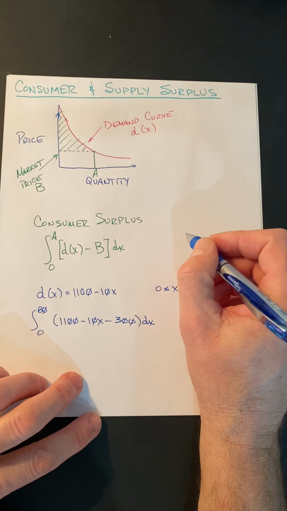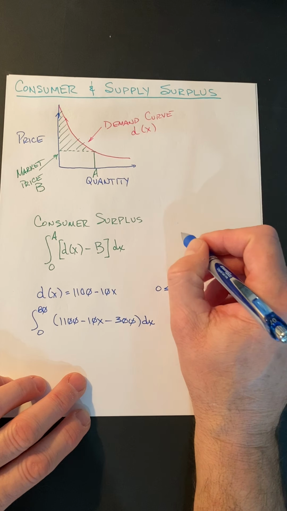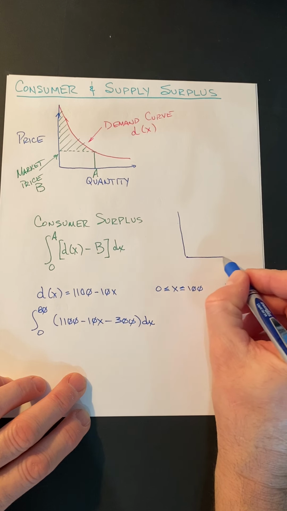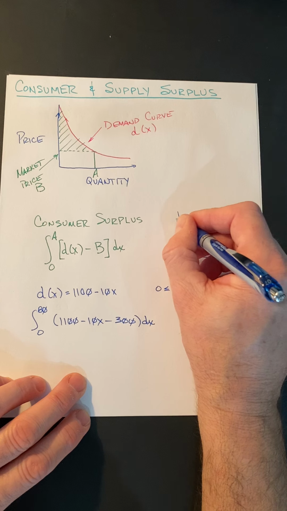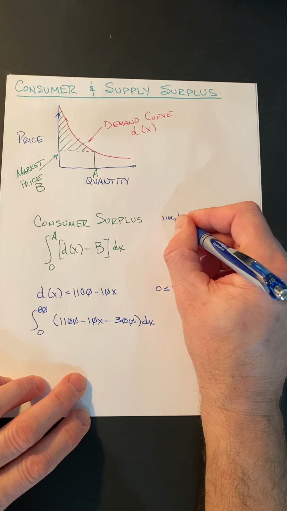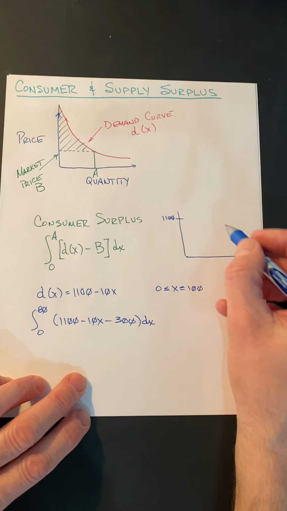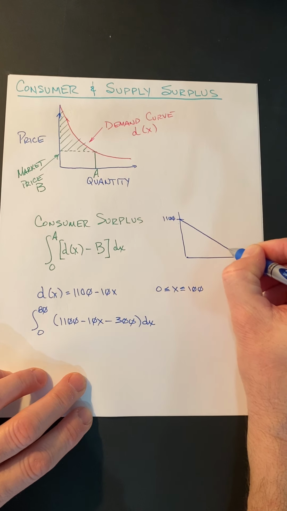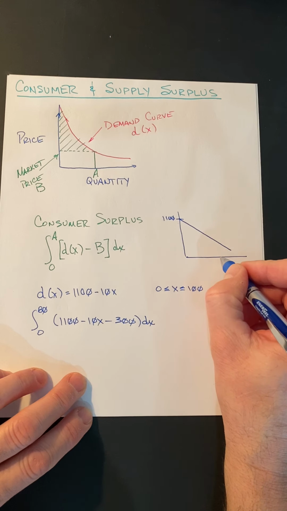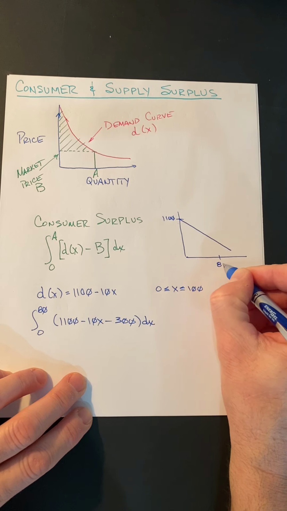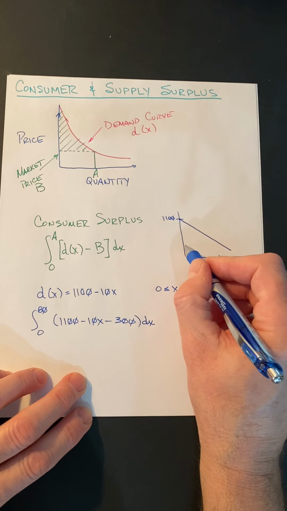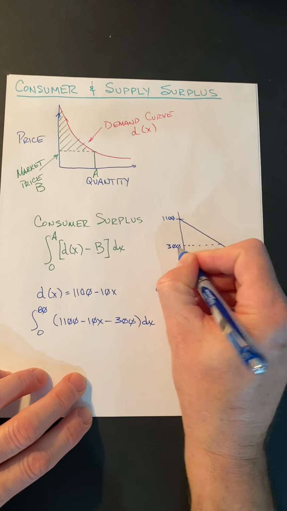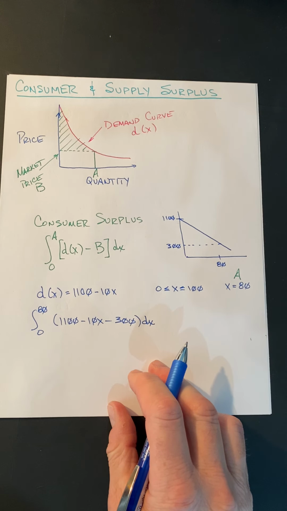Let me get our graph up here so you can see where that 300 comes in. I'm looking at up to 1100, and I've got this line that is given. Here is my 80, and then they've decided that the market price is 300.